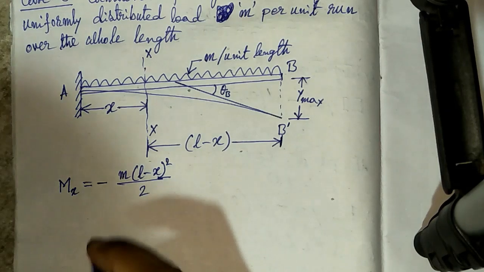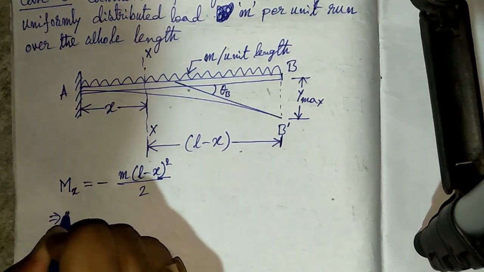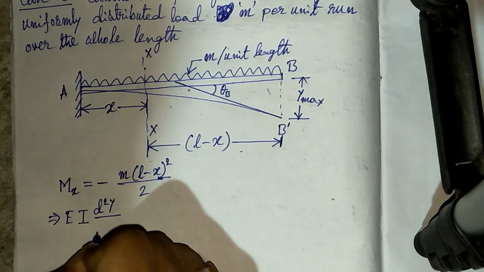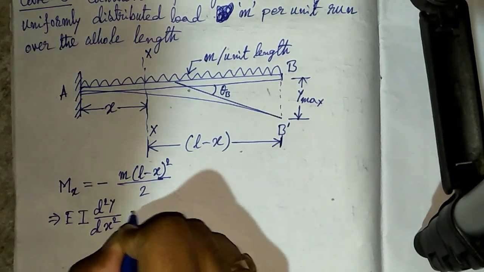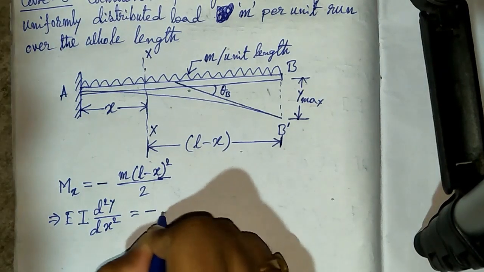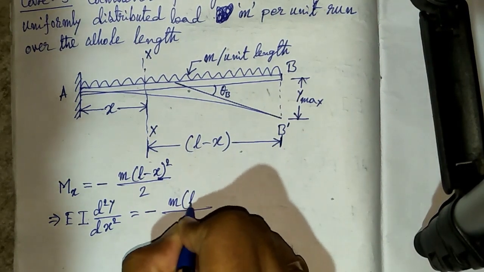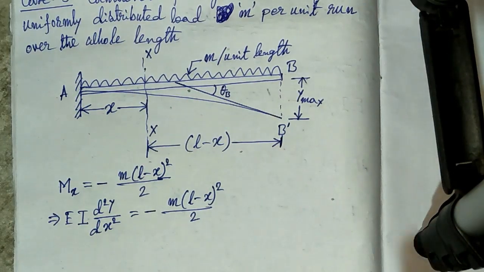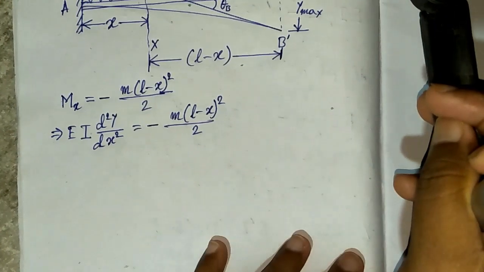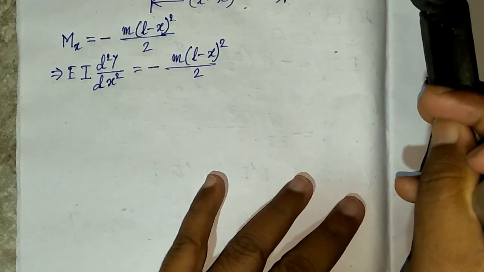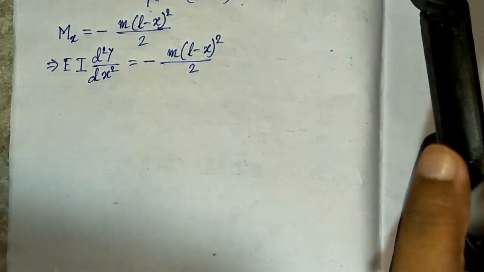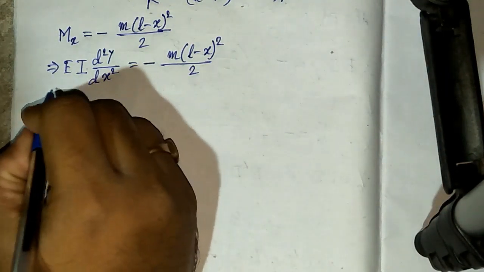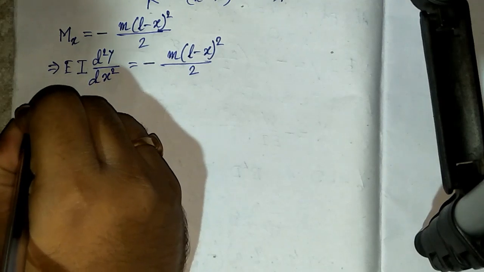Or we can write EI d2y by dx2 equals minus w (L minus x) square by 2. Now we are going to integrate this equation. Let's see what happens after integrating.